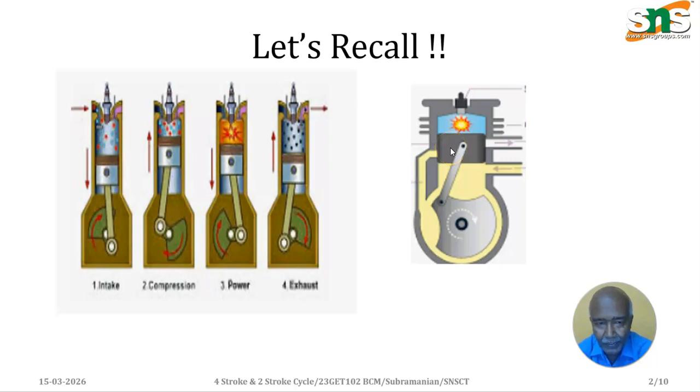And for the second half of the revolution, when the piston moves from the BDC to TDC, it gives the power stroke. The gas is burned, converted to energy, and that energy is converted to mechanical energy to move the vehicle. So this is a recall.